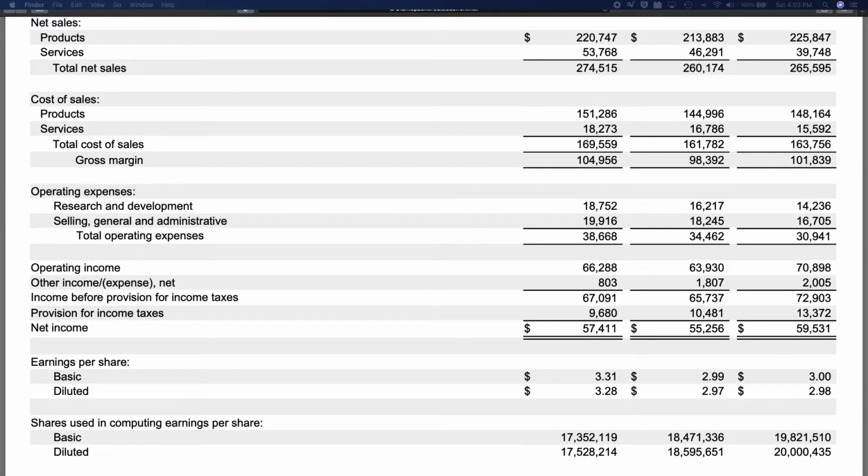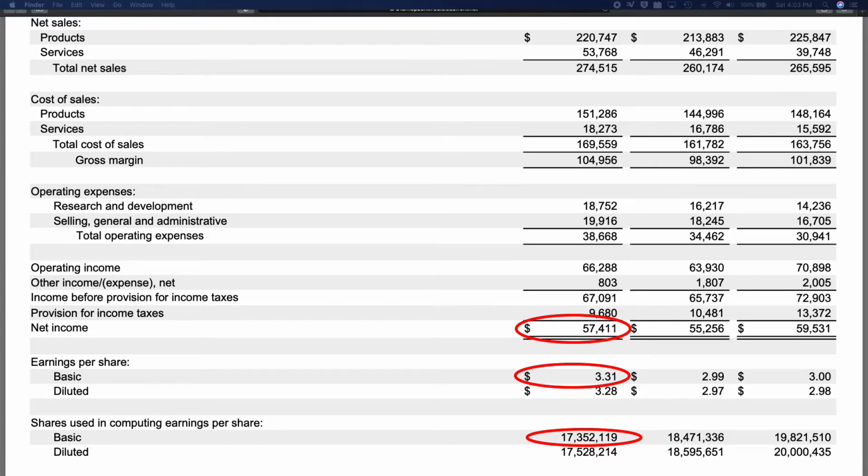So now once we've got the net income, we can then also use the number of shares outstanding to calculate the earnings per share. 57 billion, and then we divide that by the 17,352,000, which is the basic number of shares outstanding, and we get 3.31, so that's $3.31 there.